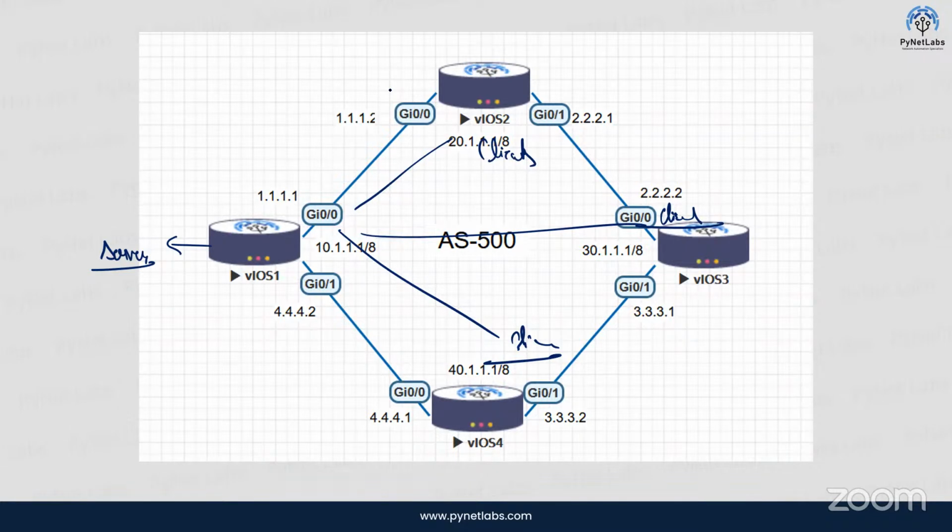So it's all about the concept of server and client, where we execute one server, and for the other routers we have to execute a command that they are clients.